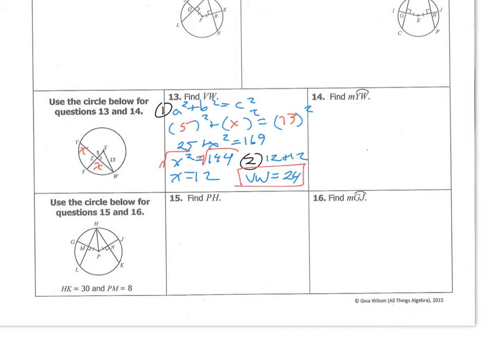How are we going to find arc YW? Do we have enough information to find YW? Yes or no? Yeah.